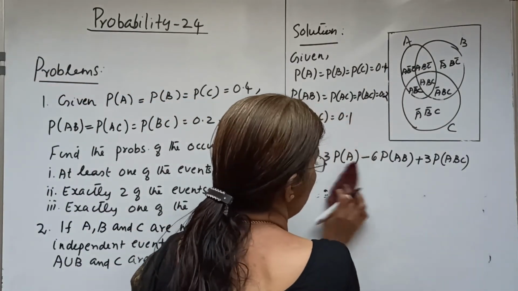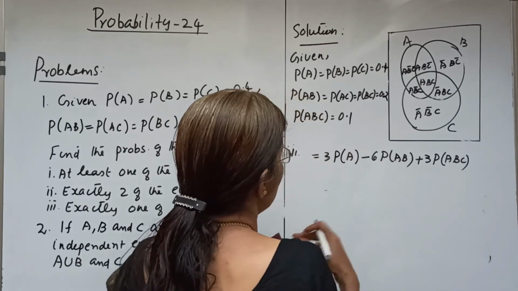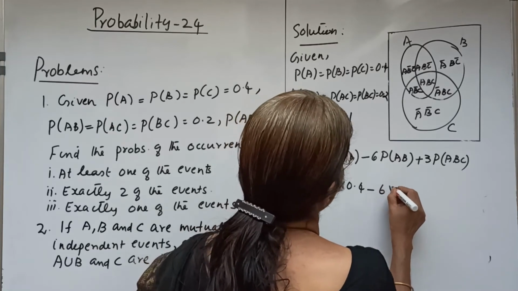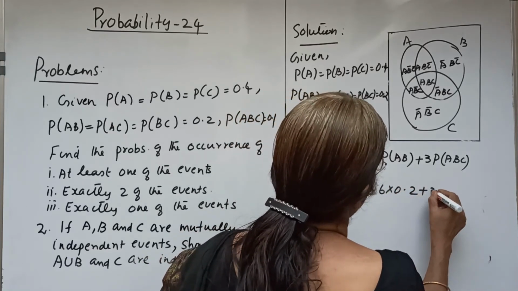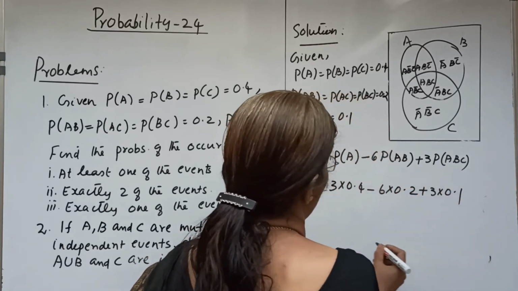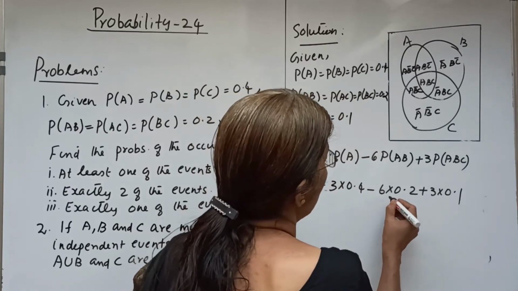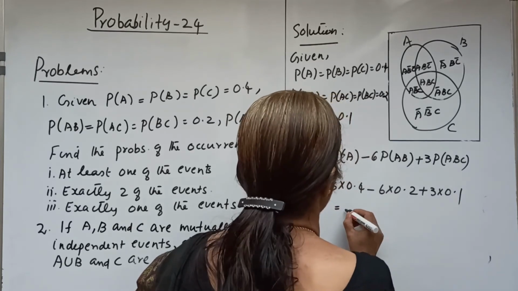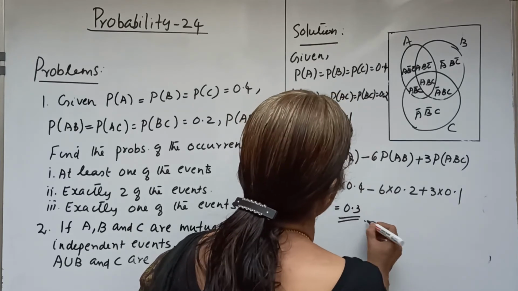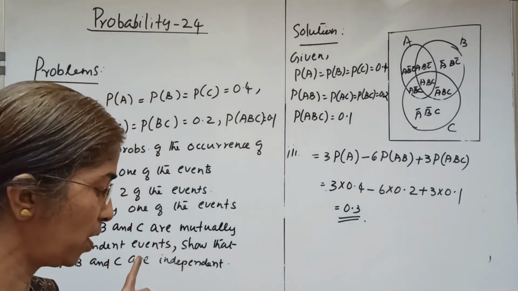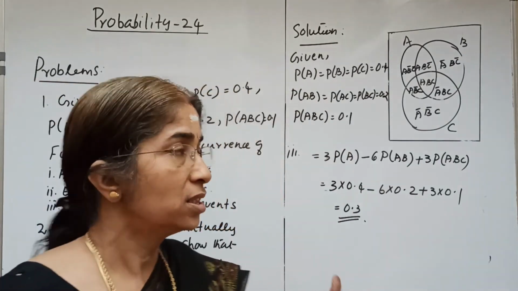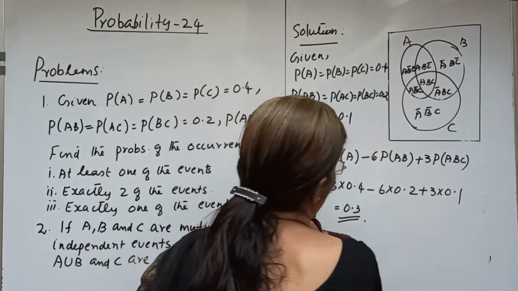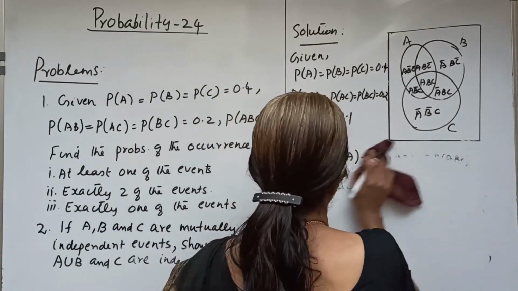So that we obtain this as 3 into 0.4 minus 6 into 0.2 plus 3 into 0.1, that is 1.2 minus 1.2 plus 0.3, that is equal to 0.3. 0.3 is the answer. So that we have obtained all these probabilities. Now let us move on to the next problem.